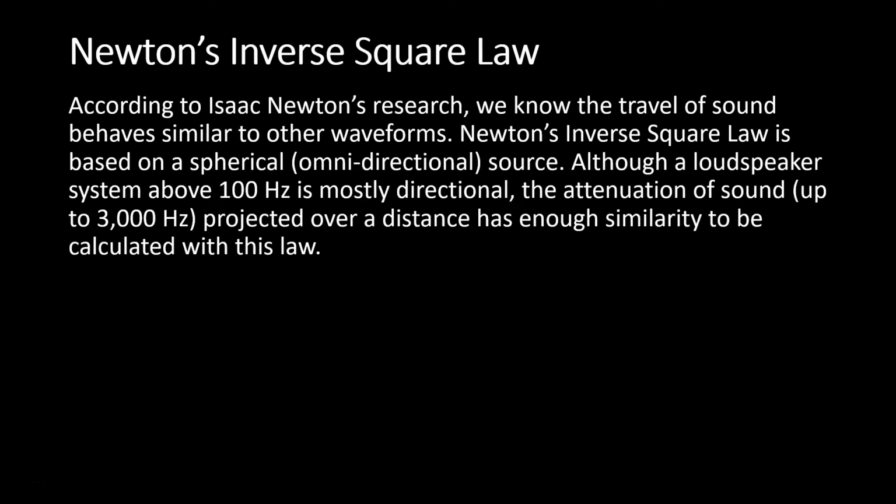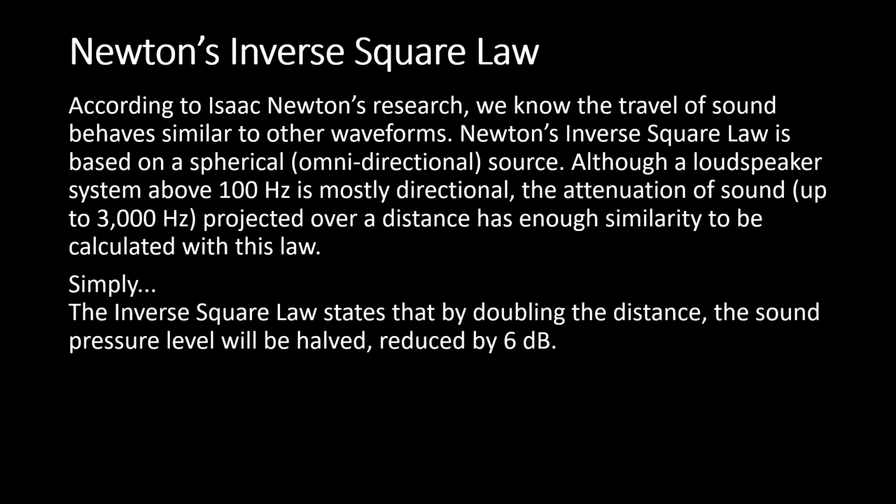And Newton's inverse square law is based on a spherical, if you remember, spherical is the omnidirectional radiation of the sound. And although to a loudspeaker above about 100 hertz, the sound is mostly directional, just because of the way speakers work, the attenuation of the sound up to about 3,000 hertz projected over a distance has enough similarity to be calculated with this law.